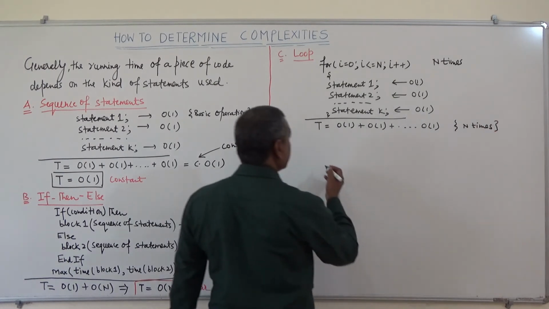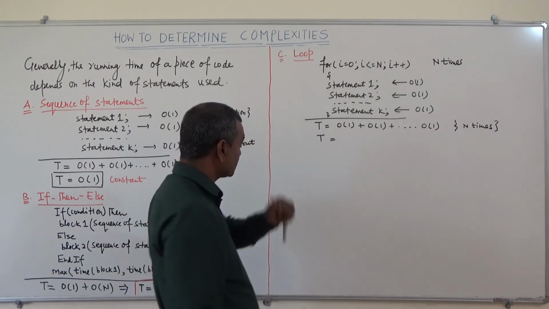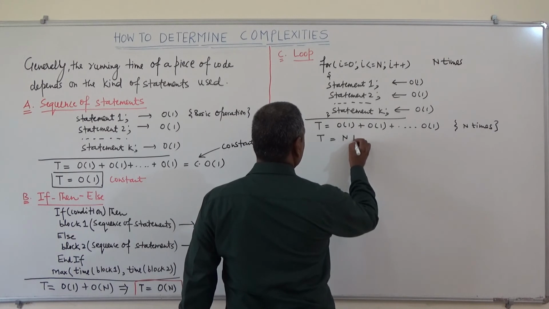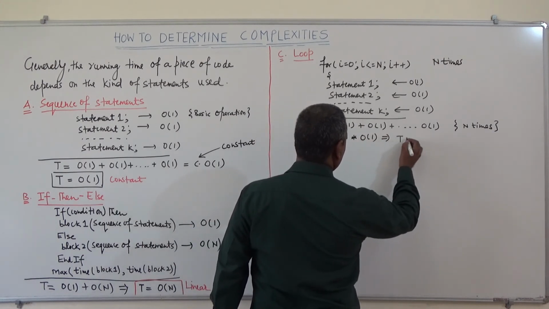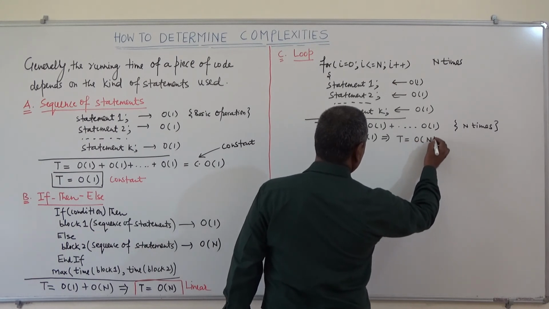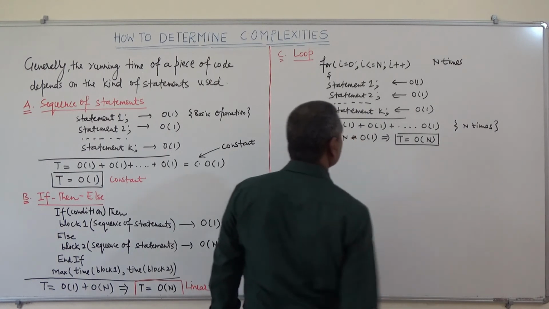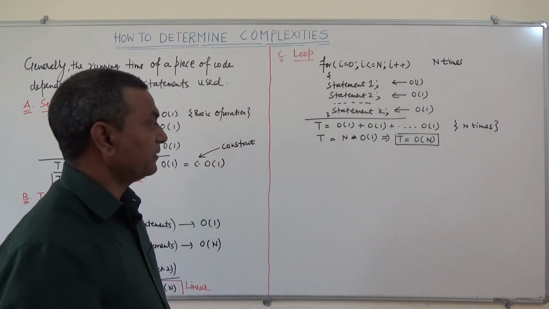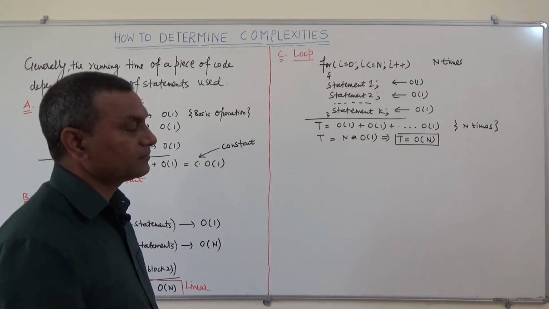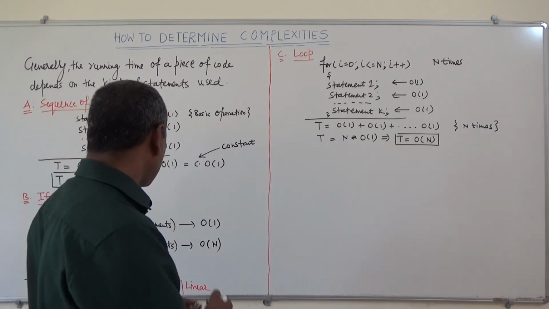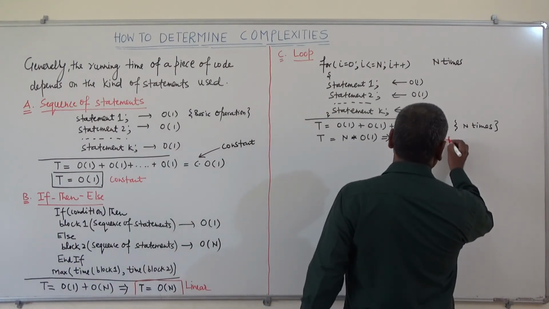So it can be written as n into order of 1, or this is order of n. So this is also linear.